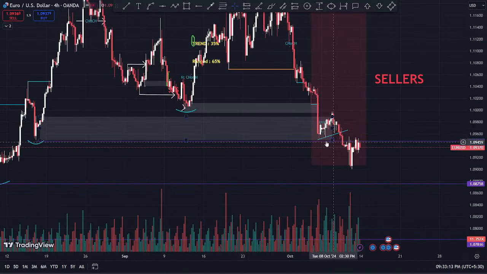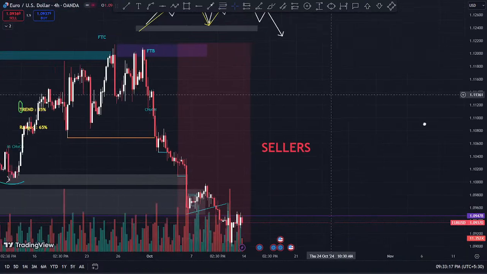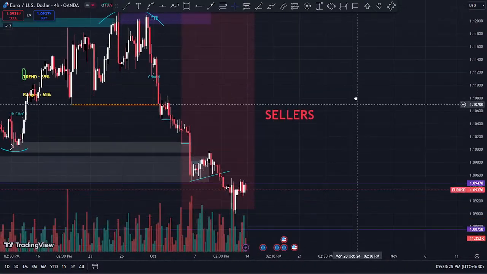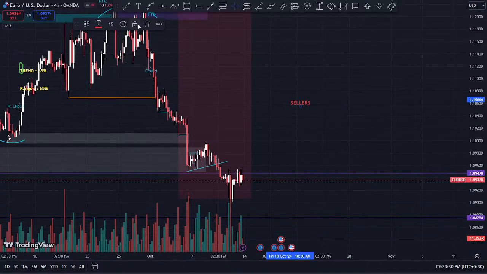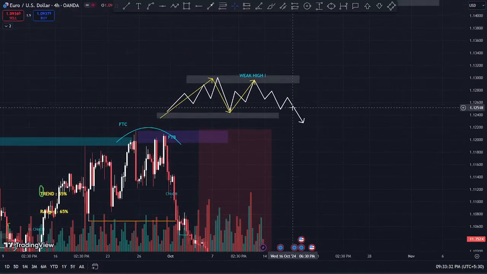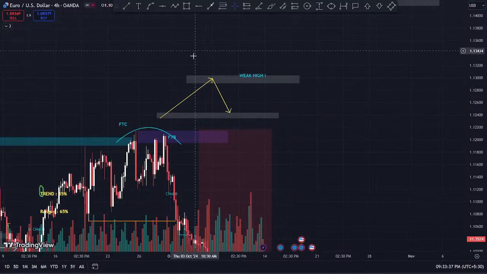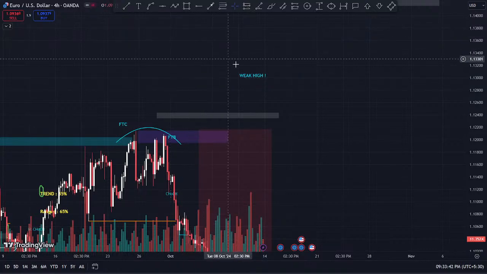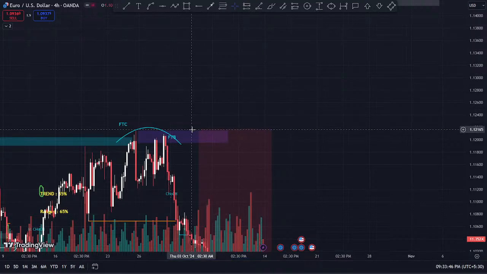So now we wait for a swing pullback. Now this becomes our ultimate strong high. Why strong high? Because the trend is now bearish. So what do we learn from this? We are not going to plan a trade in the opposite direction, unless we get valid zones, such as an internal break of structure or an internal demand zone, and then we are going to plan some things.